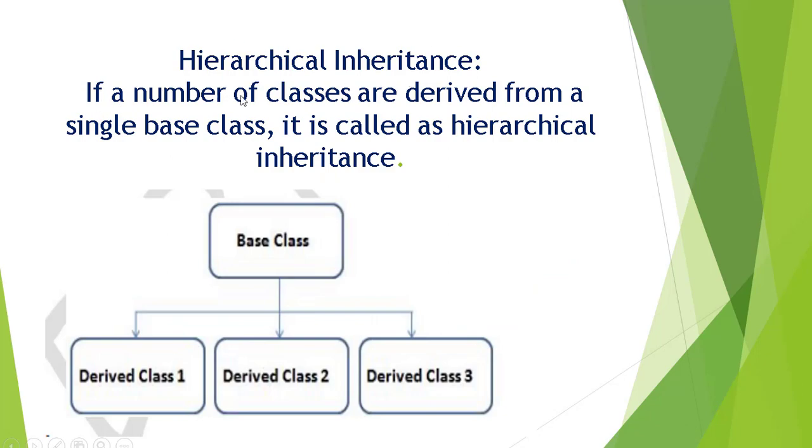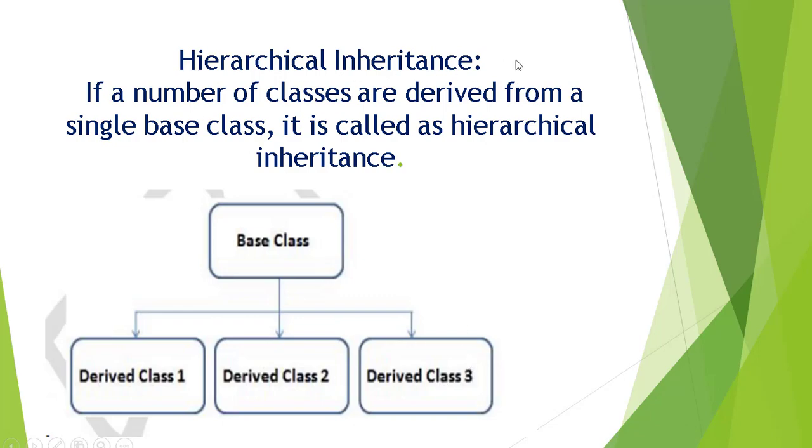Hierarchical inheritance. If a number of classes are derived from a single base class, it is called hierarchical inheritance. That is, from only one base class you are deriving many derived classes: derived class 1, derived class 2, derived class 3.